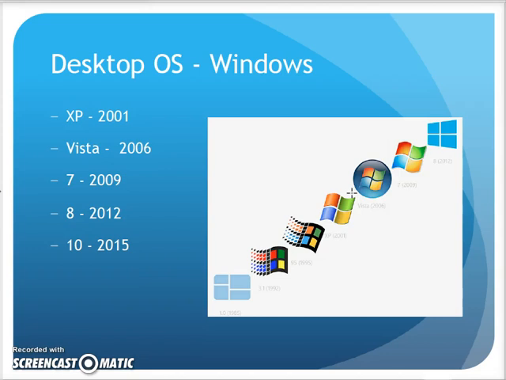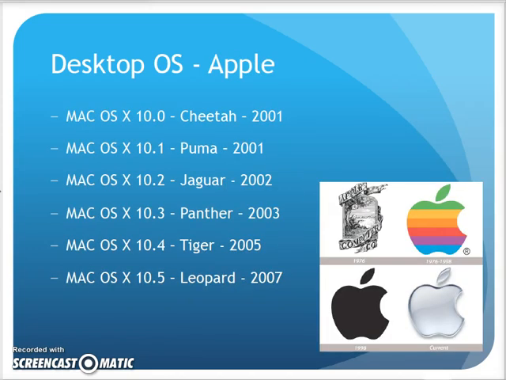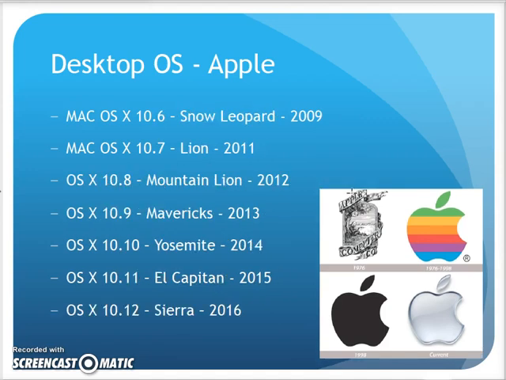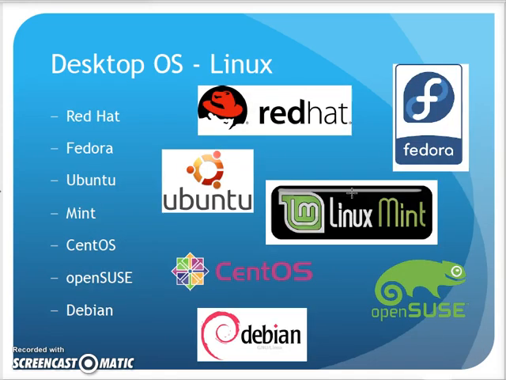These are the Windows desktop operating systems. Apple has their whole barrage of operating systems too, starting with Mac OS X 10. They were earlier than that, but I'm just throwing out ones that you guys might know. Cheetah, Puma, Jaguar, Panther, Tiger, Leopard. This is the Mac OS, or Mac operating system. Again, same job: interact between you, the user, and the hardware physically sitting in front of you on the desk. Linux is an operating system.